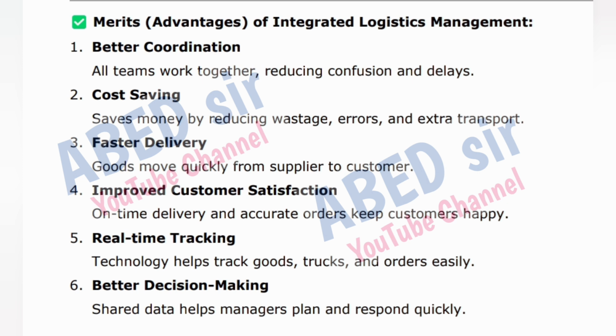Goods move quickly from supplier to customer. 4. Improved customer satisfaction. On-time delivery and accurate orders keep customers happy. 5. Real-time tracking. Technology helps track goods, trucks, and orders easily. 6. Better decision-making. Shared data helps managers plan and respond quickly.